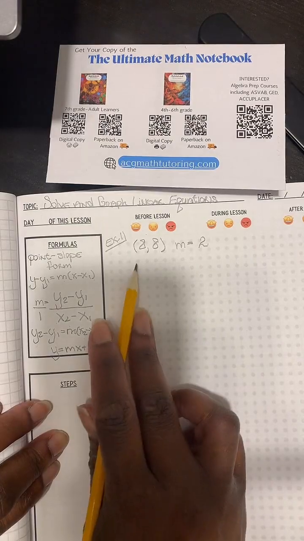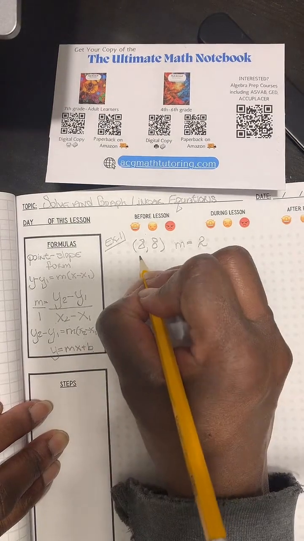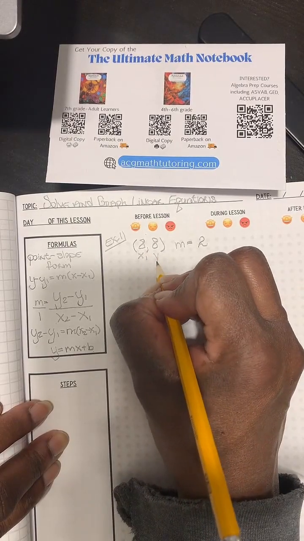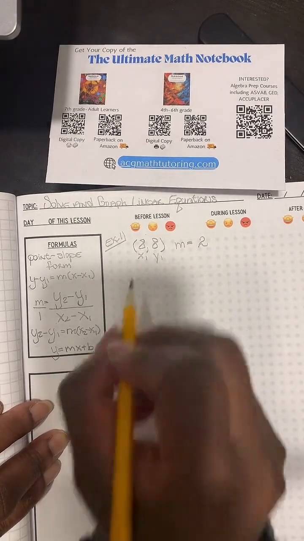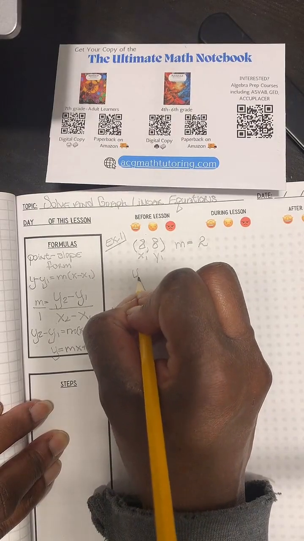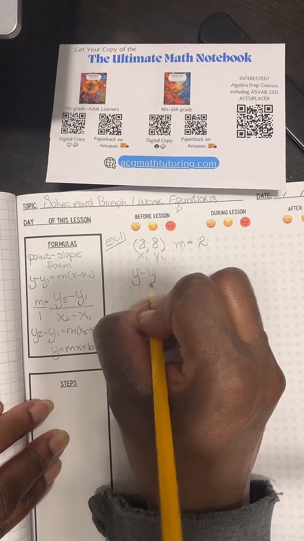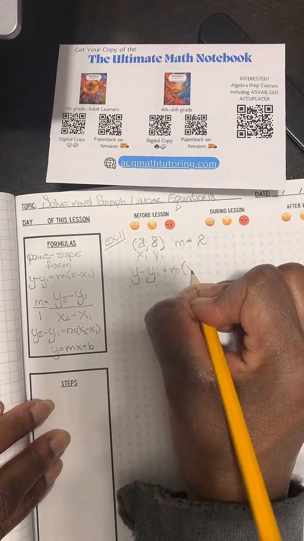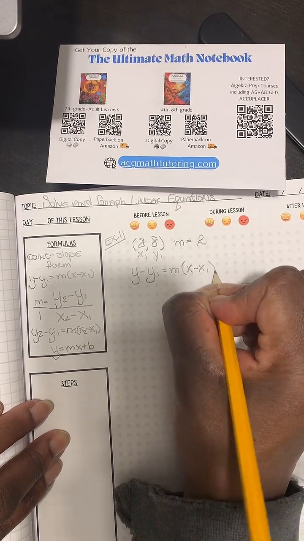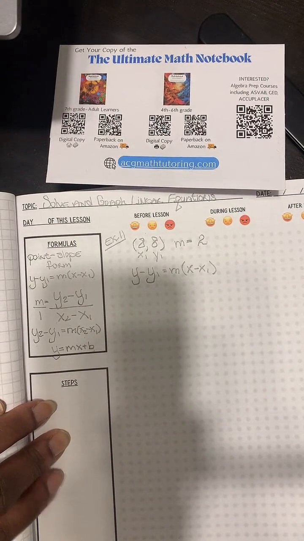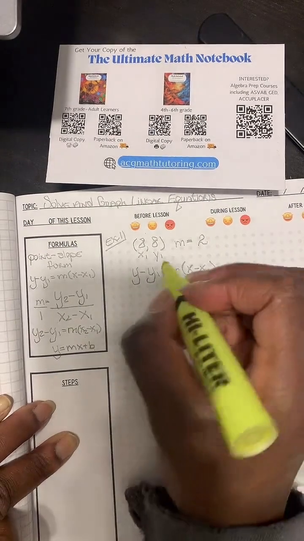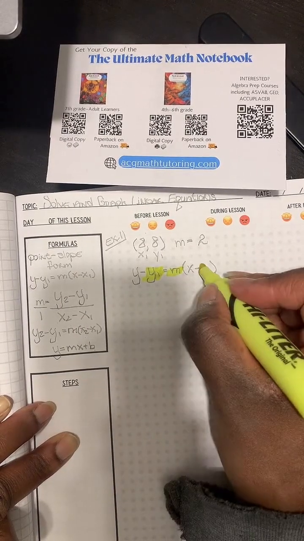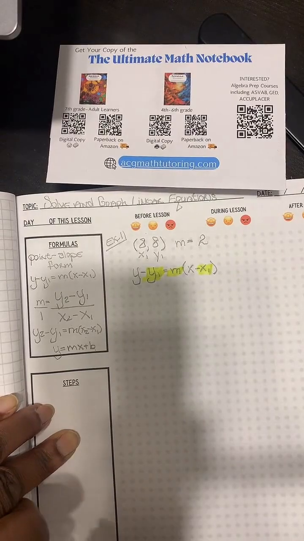So if I use this point slope form, this is my x1, my first x value, and this is my first y value. The only areas I am going to replace are your m, your y1, and your x1.